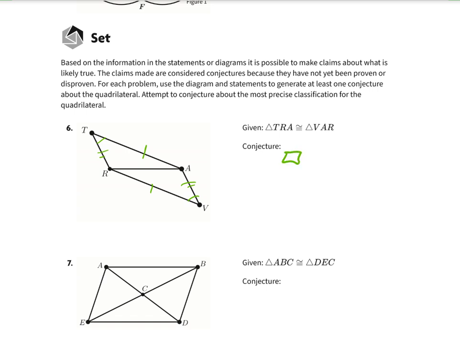Unproven, but it looks like these two sides, we could do a little bit of work to say that, but we don't know that for sure. CPCTC with everything else, but we'll say quadrilateral is a parallelogram, and I'm going to write it like this.